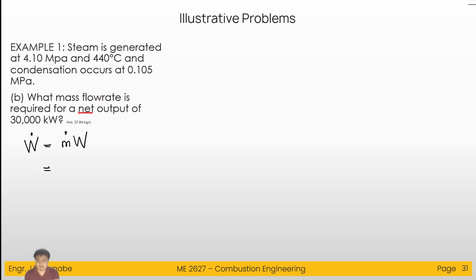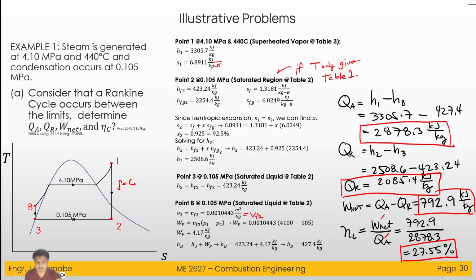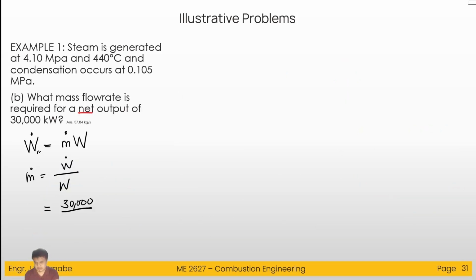So the mass flow rate is equal to the power over the work done. So you have 30,000 kilowatts or kilojoule per second over the network here, which is really this should be power.